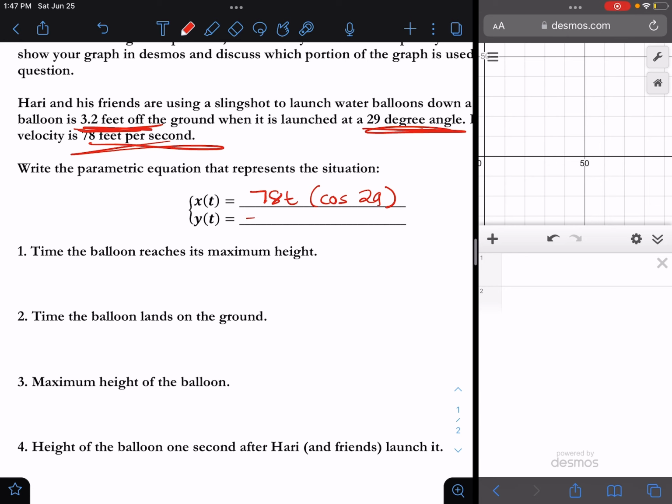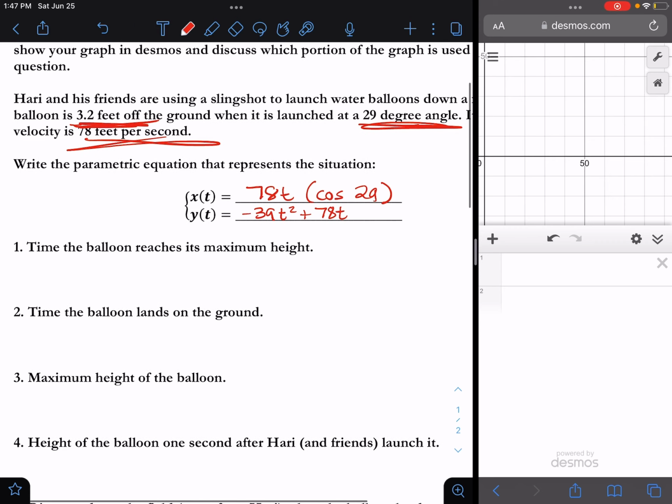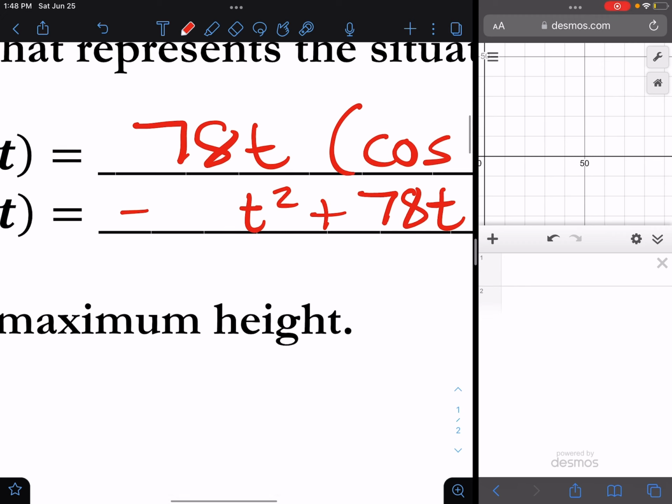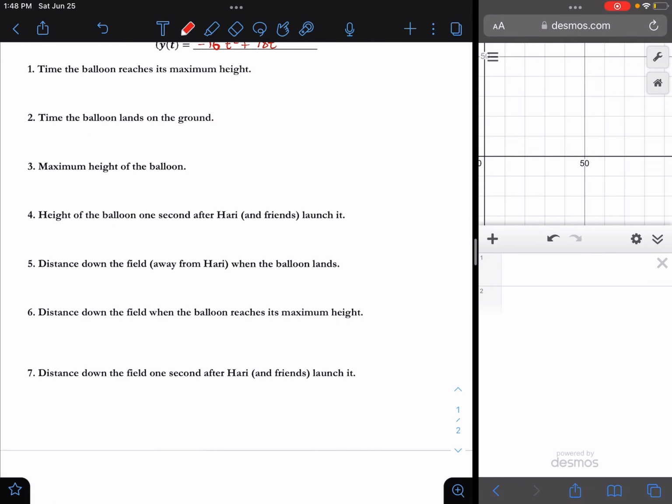So negative 39 t squared plus velocity, which is 78 t. Oh, I forgot gravity. So it's negative 1/2 of gravity, which is negative 16 t squared.